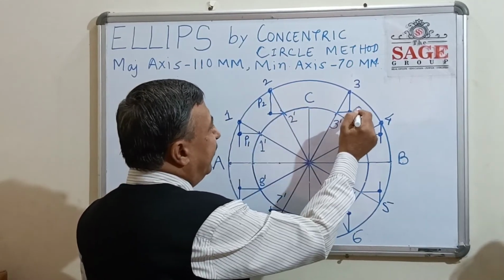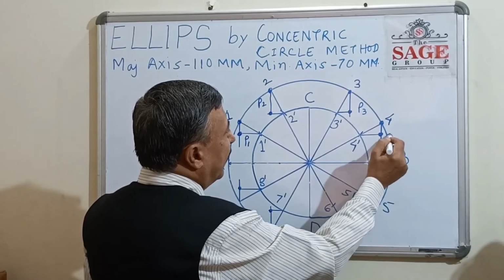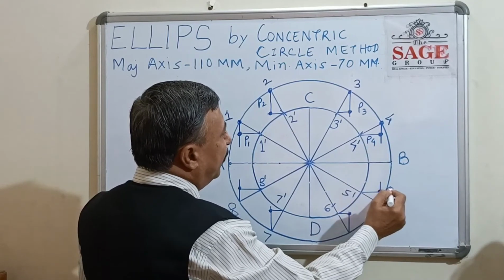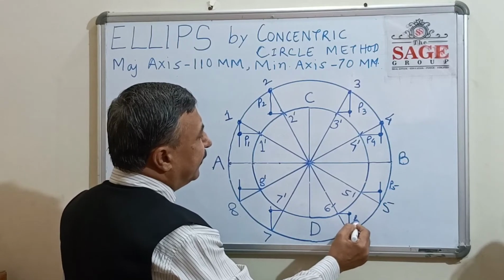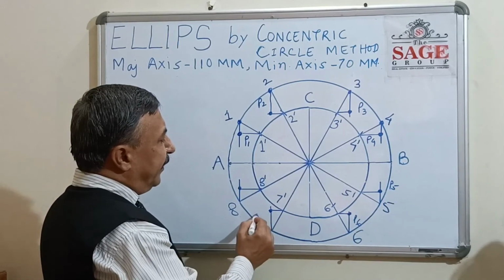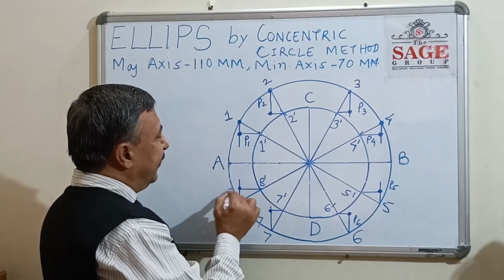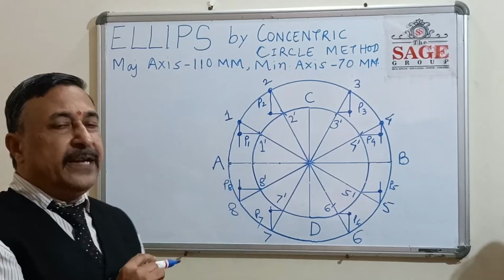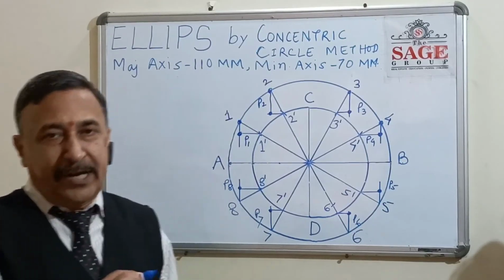This point is P3. This point is P4. This point is P5. This point is P6. This point is P7. And the last point is P8. Okay, in this way, give numbers to all points.